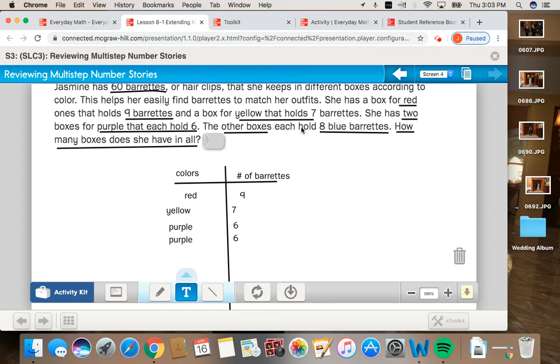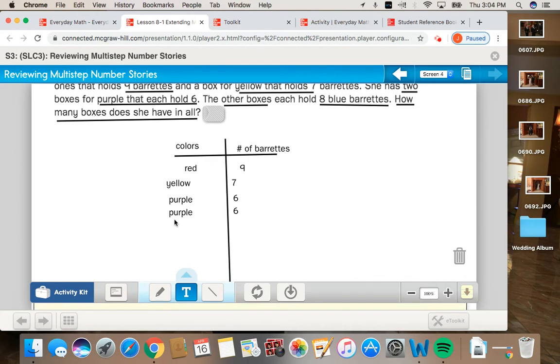And the other boxes hold blue, but that's the thing, I don't know how many. But I do know that each blue does hold 8. So again, I don't really know how many blue I'm going to have. What I want to see is, how many barrettes is this all together?